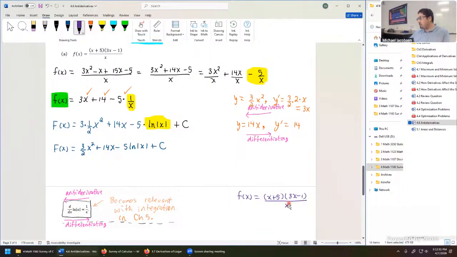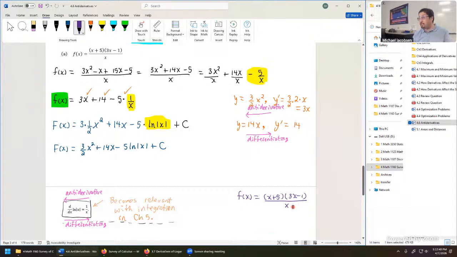So you might put a 1/2 x squared here, a 1/2 x squared here. Antiderivative of a constant is that constant times x. And so you might try to find an antiderivative of each one of these terms separated by the factors and the division. But that method falls flat on its face.